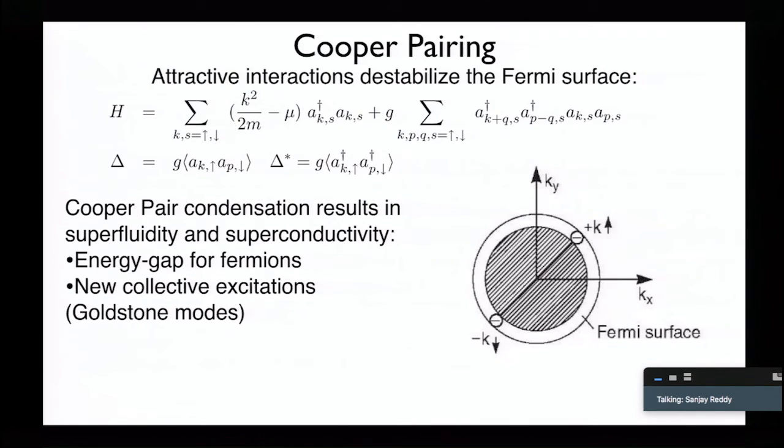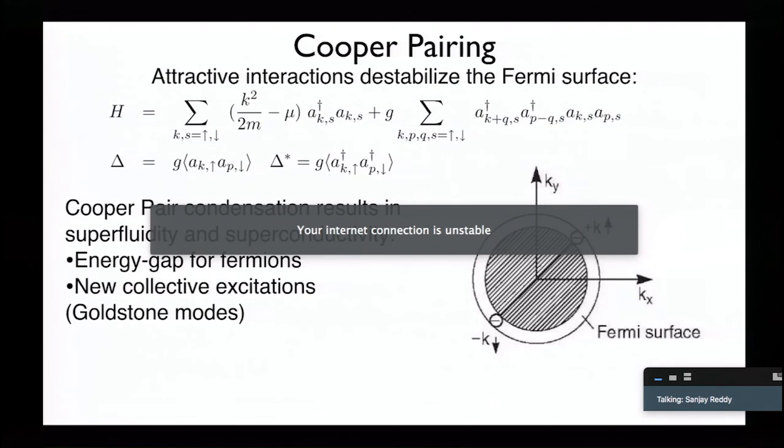So if you were to write down the interaction between two non-relativistic particles, like say neutrons or electrons in a metal, you will find that there is a short distance interaction term you can write between these fermions. And whenever the interaction is attractive, the system, stable at zero temperature and no interactions, becomes unstable.